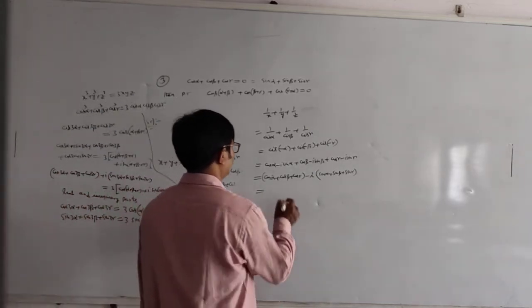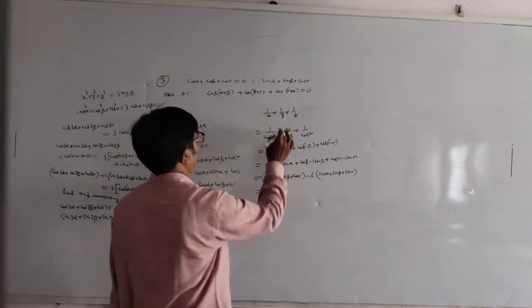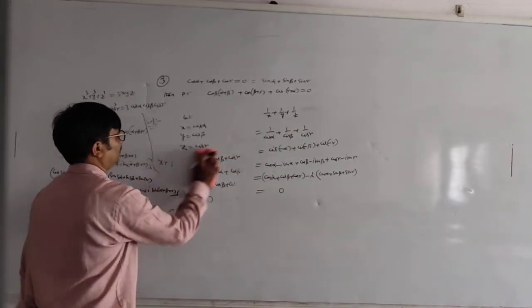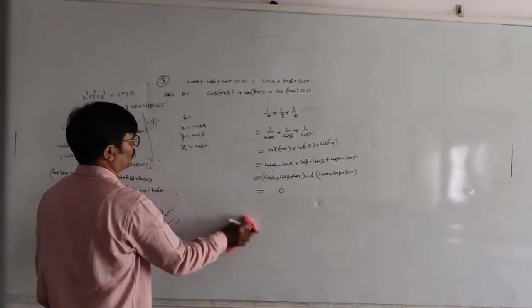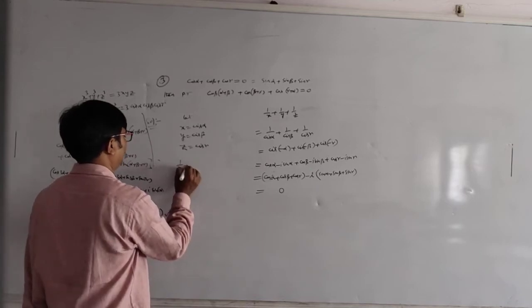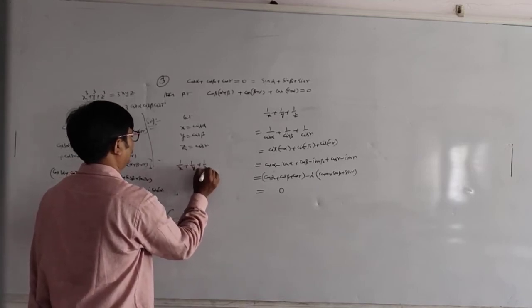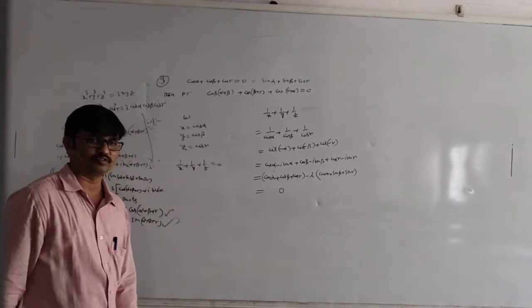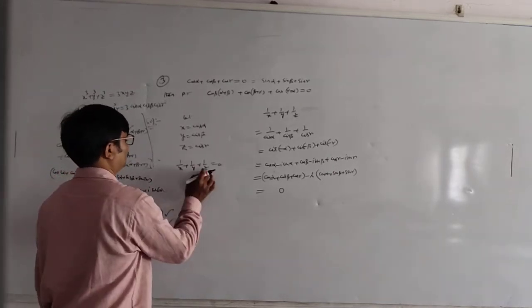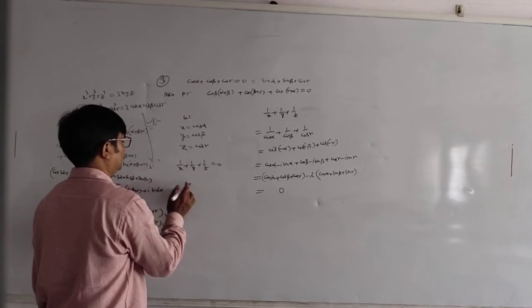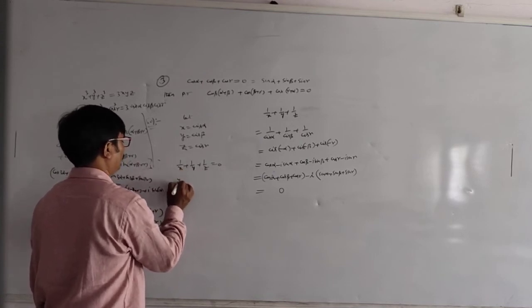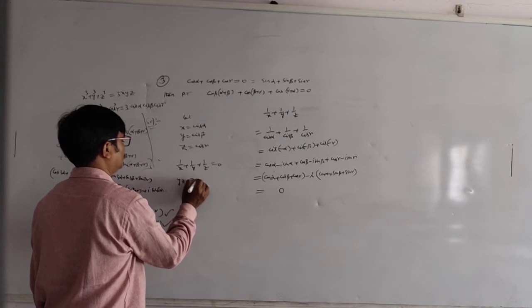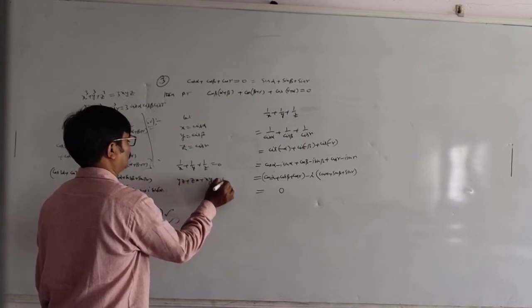Those values are 0. So 1 by x plus 1 by y plus 1 by z is 0. Now students, the LCM is xyz. So when we take the LCM of x, y, z, that is yz plus zx plus xy equal to 0.